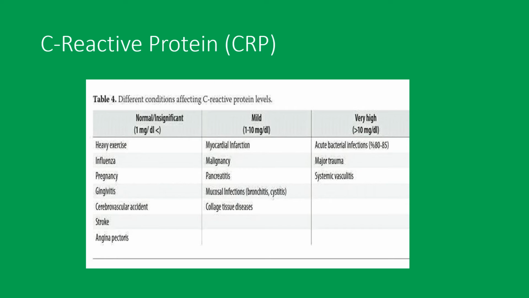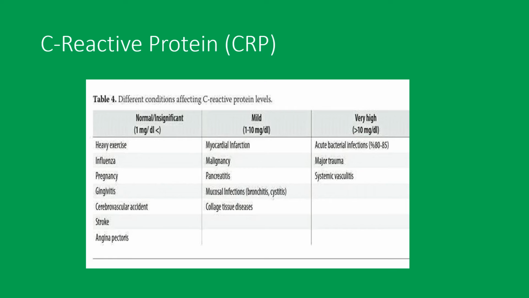So take note here of the different conditions affecting your C-reactive protein levels. The level is normal or insignificant even in heavy exercise, in influenza, pregnancy, gingivitis, cerebrovascular accident, stroke, or angina pectoris, and only mild in myocardial infarction, malignancy, pancreatitis, mucosal infections, and collagen tissue diseases.